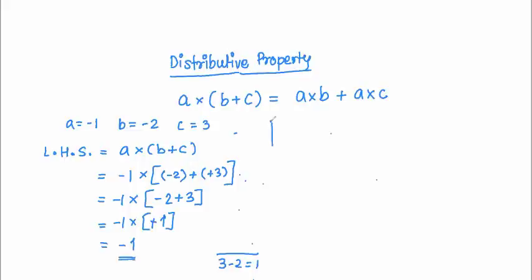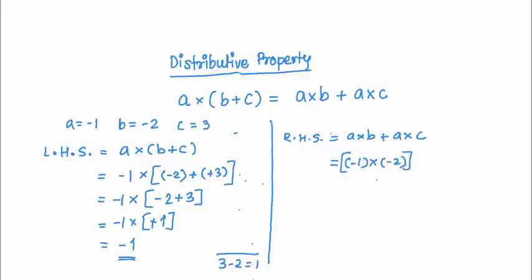Now let's solve the right hand side. So right hand side is equal to A into B plus A into C. So A is -1 into B is -2, let's put a bracket around them, plus A is again -1 and C is +3, let's put this second bracket around it.